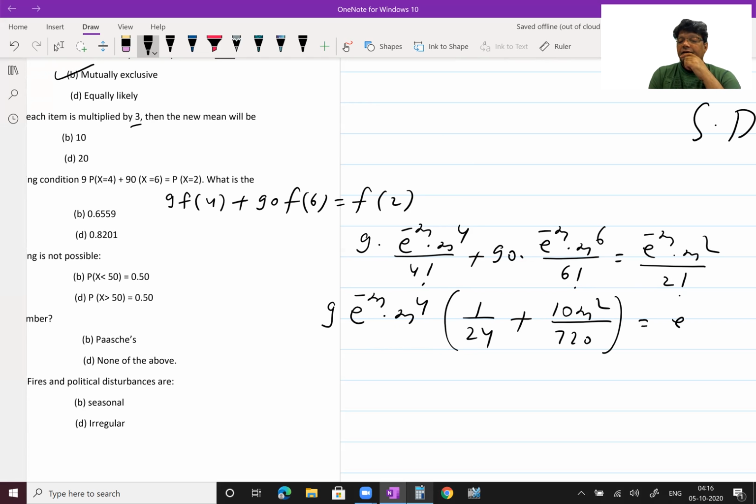Fine. E power minus m into m square by 2 factorial. So e power minus m cancelled, m square m4 cancelled, means m square will be remaining.